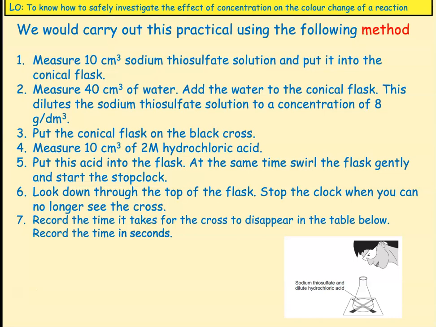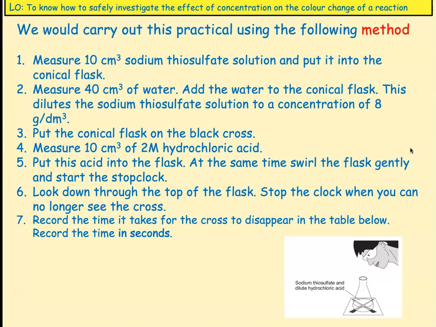Okay, so we're making the weakest concentration there of 8 grams per decimeter cubed. We're going to put the conical flask on the black cross, measure 10 centimeters cubed of 2 molar hydrochloric acid, put the acid into the flask, and at the same time just swirl it before you start the stop clock, just to mix them.